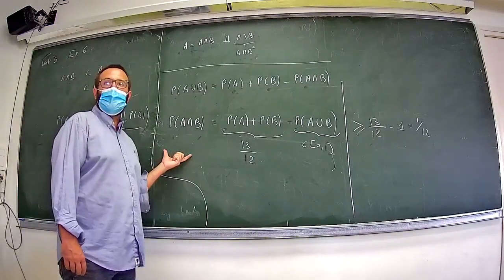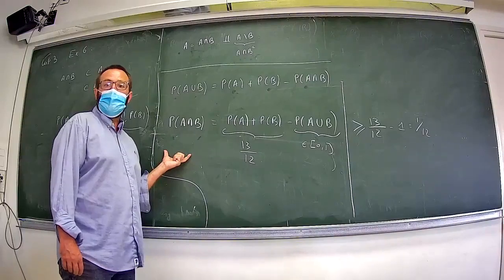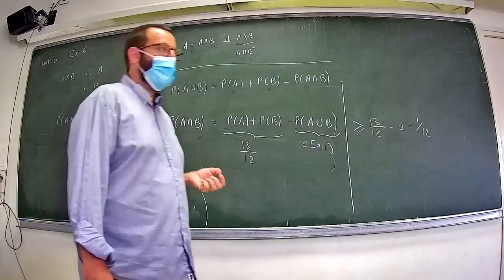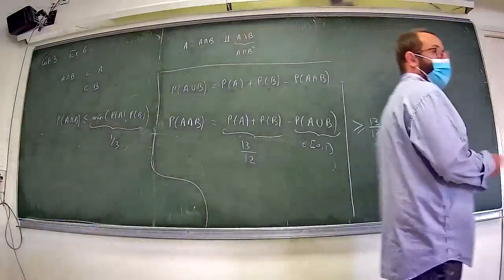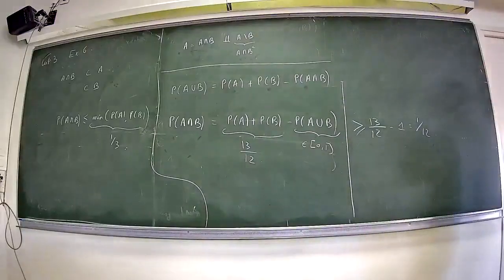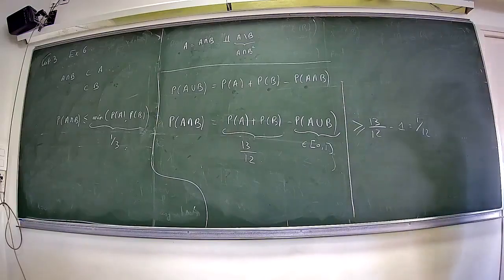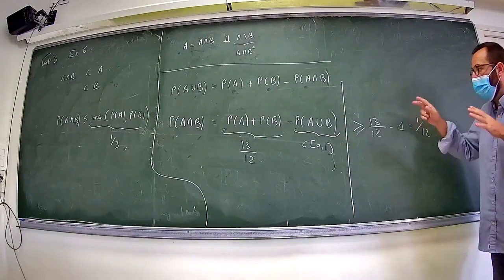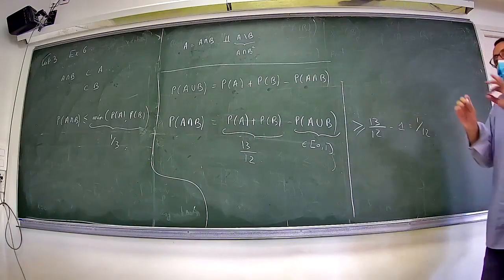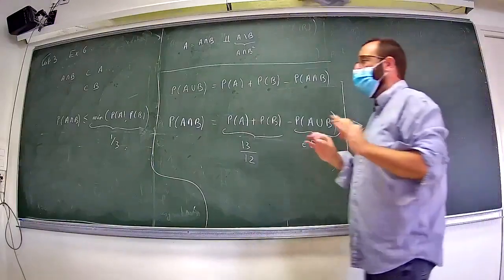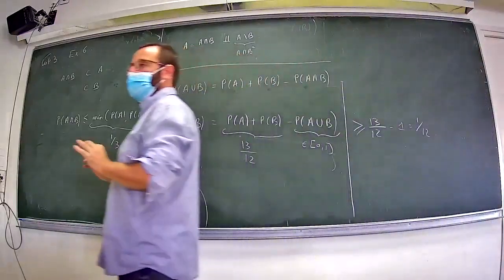So you have this. And I repeat that here, I have made no hypothesis on independence, or on one being included in the other. So it's not possible for you to solve this one if you take a very particular example, because I want the result in great generality.